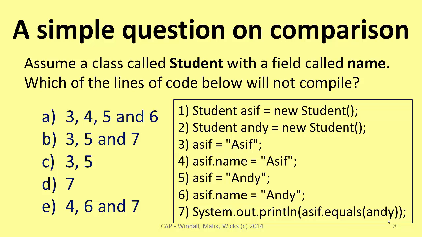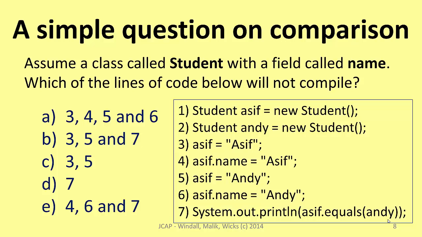Well, that must also be wrong. So line 5 is also incorrect. Line 6 takes the object Asif, takes the name field in that, and now assigns it the text Andy. I'm overwriting Asif, but that wouldn't matter. That line will compile.